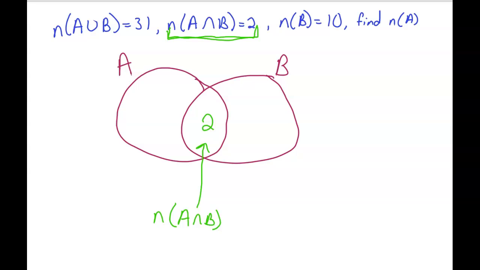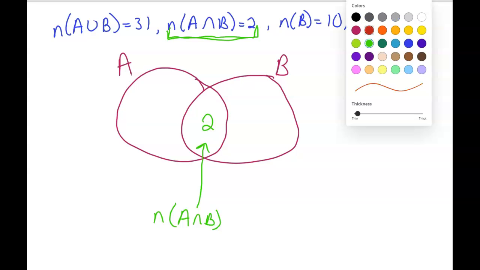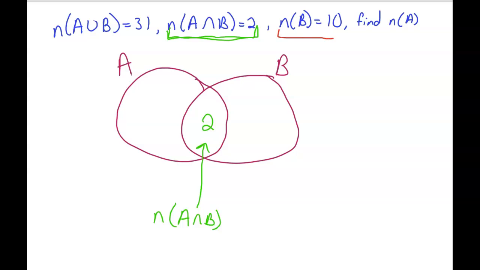Now, this tells us that we have 10 in B. Now that 10 is all of this. So what is left here is going to be a 10 minus 2. So we have a total of 8 in here.